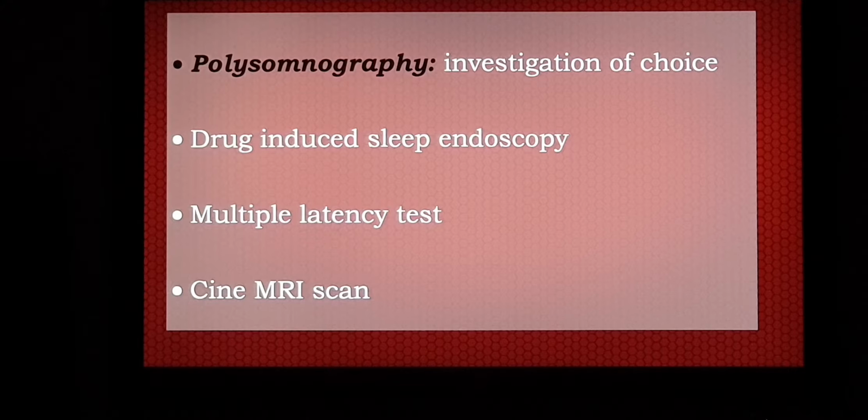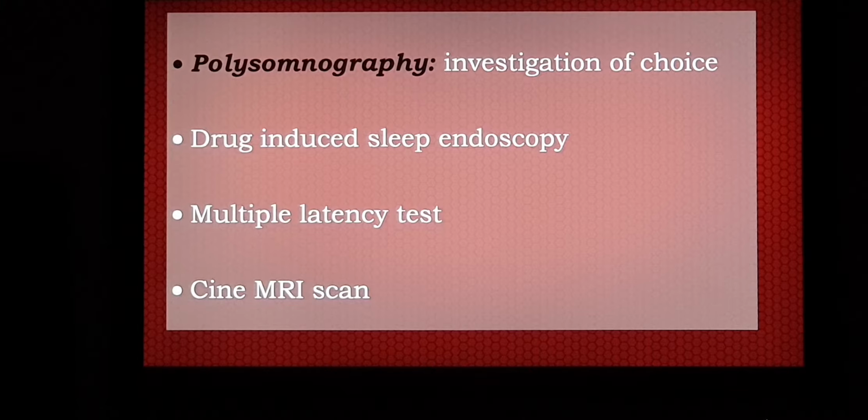So, that is the investigation of choice. Now, the next test, drug induced sleep study. Here, we take the child to the OT, and the anesthetist gives an anesthesia gas in such a dose that he just dozes off to sleep. At the same time, I put in an endoscope to have a look at the nose, just behind the nose, that is the nasopharynx, the base of the tongue, the tonsil and the oropharynx, and the upper part of the larynx also.